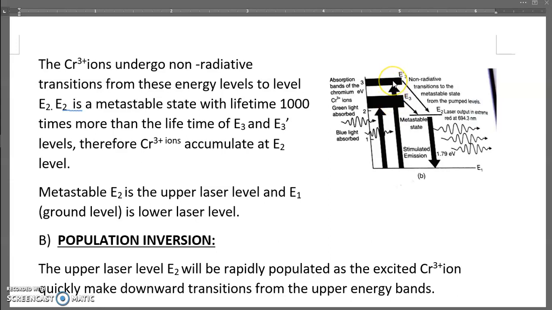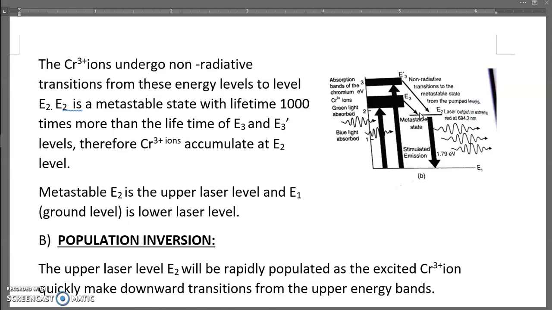So this E3 and E3' are the excited levels. The excited ions do not remain here for a longer time. After about 10^-8 seconds, they immediately make a spontaneous transition to E2. E2 is a metastable state and it is a non-radiative transition.